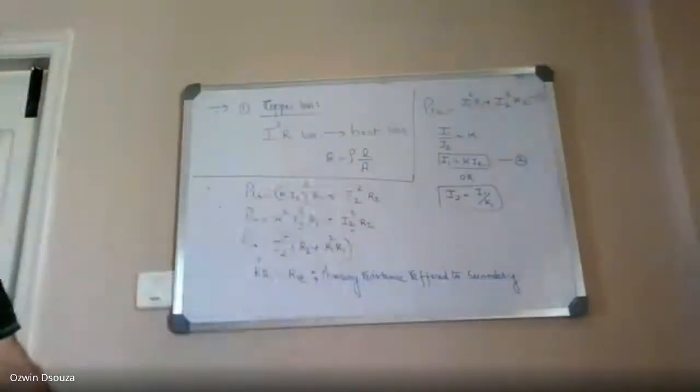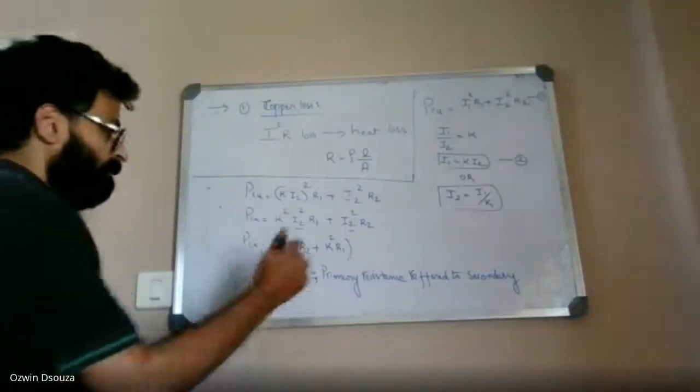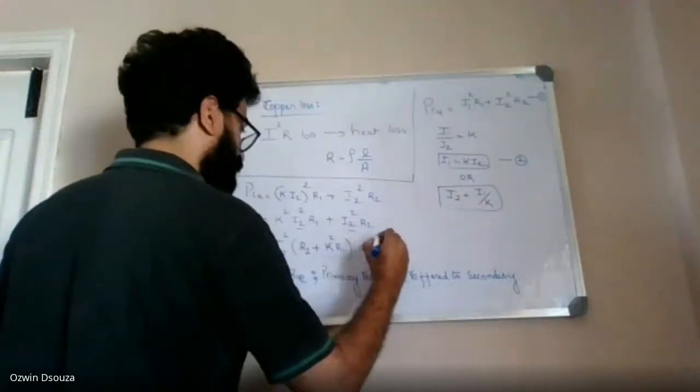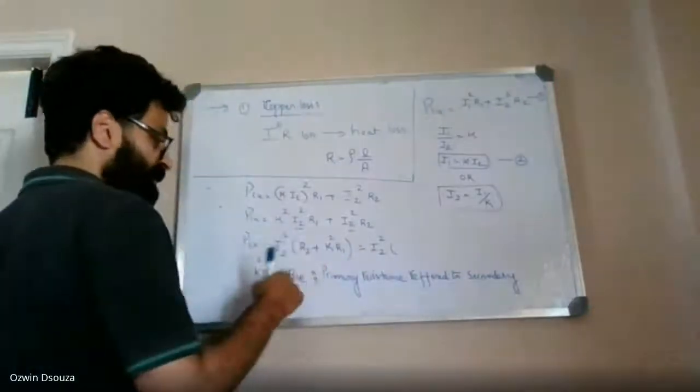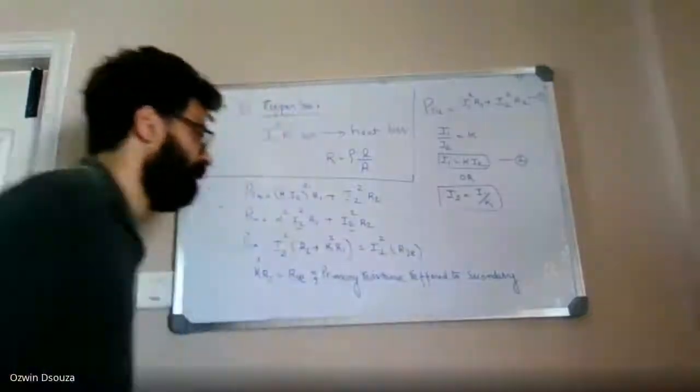If you do, you will get R2E basically. Nevertheless, now we can take this as I2 square into R2 plus R1E, or put together R2E.